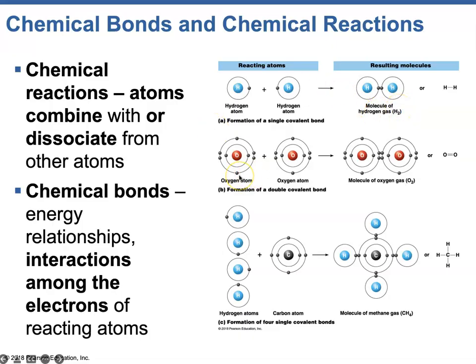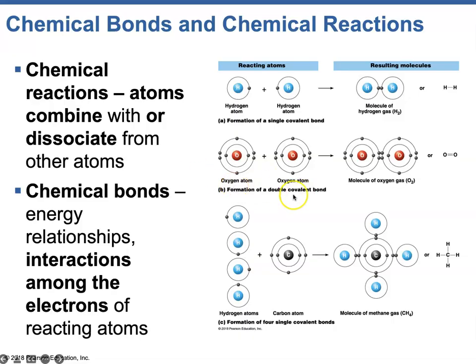Over here, here's oxygen. If you look at oxygen, we have 1, 2, 3, 4, 5, 6 electrons spinning around on the outside. When we combine these two, because we want to have a happy number of 8, now that we're in the second shell here, the very first shell likes to have 2, and the next shells thereafter, their happy place is to be at a minimum number of 8.